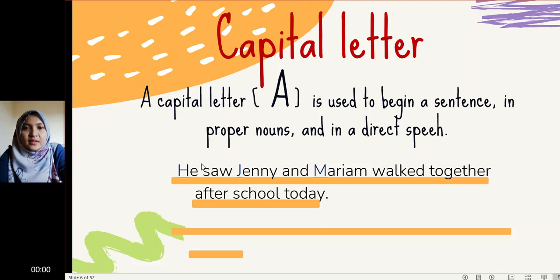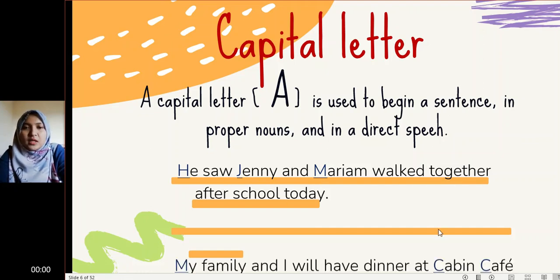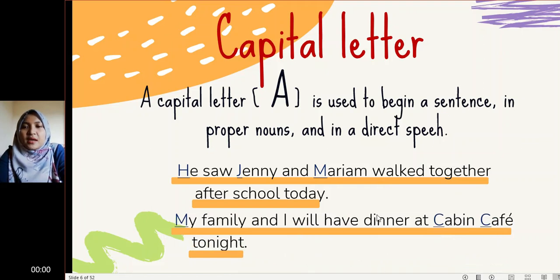The sentence begins with he, so H must be a capital letter. Jenny and Mariam are proper nouns. Next: My family and I will have dinner at Cabin Cafe tonight. This sentence starts with my, so M must be a capital letter, and both Cs here are also capital letters because they are proper nouns. Cabin Cafe.